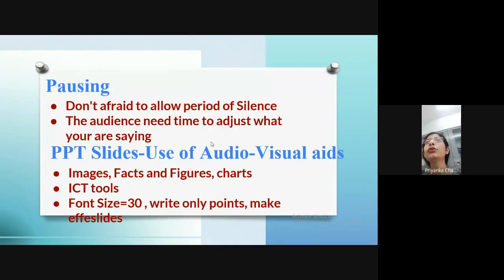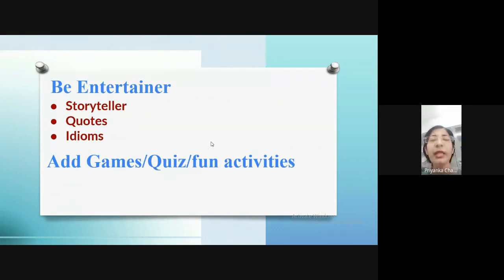Your font size should be 30, because then only it will be visible to the last benchers. Write only points, and describe the rest in your own way. Your slide should be effective.